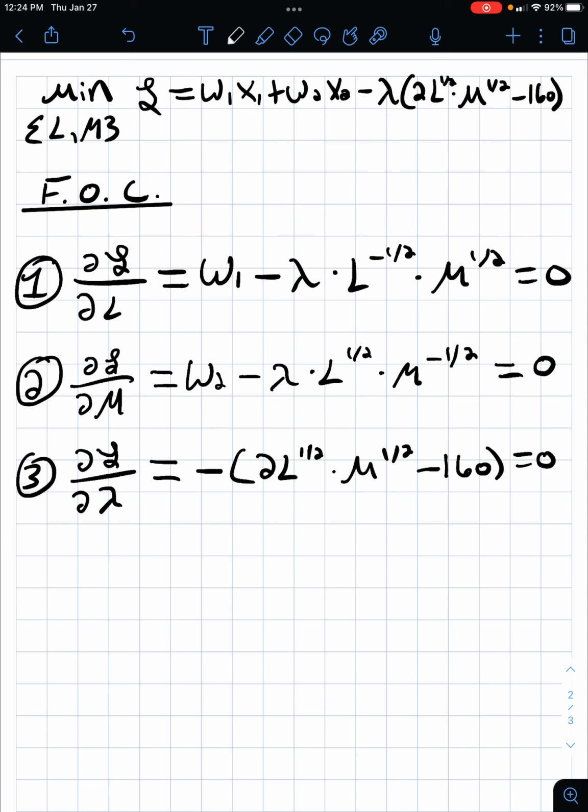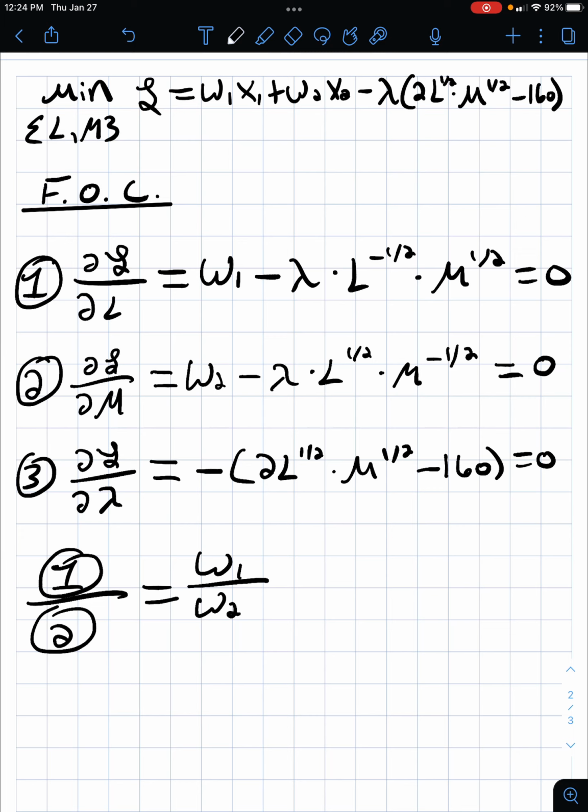Now from here, we'll need to solve for either M or L. To do that, we can take our first order condition number 1 and divide it by our second first order condition. This is going to give us W1 over W2.